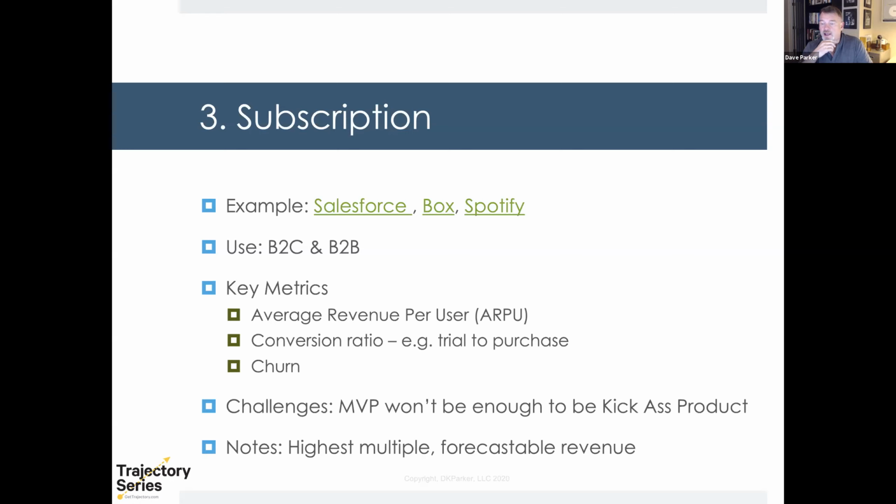And then, average revenue per user for B2B: is it per account or per user? Great question. It depends on your selling model. My ARPU, if I'm Salesforce, is at an account level, though they'll tend to track it on a per user basis, even though that's not the way they bill it. If you go to Salesforce, you'll see it says $28 per user per month.